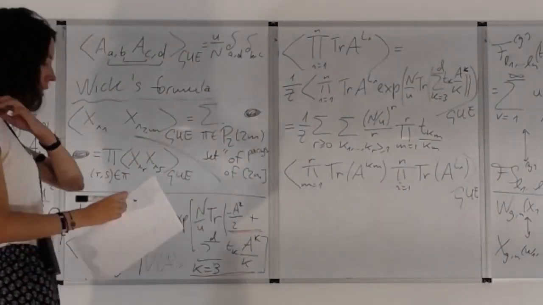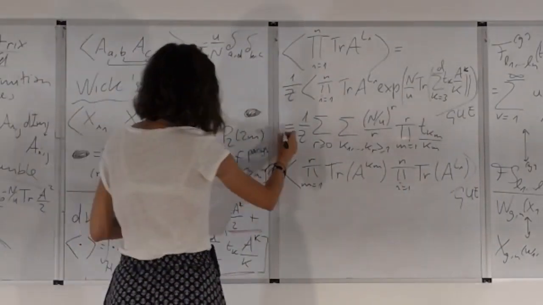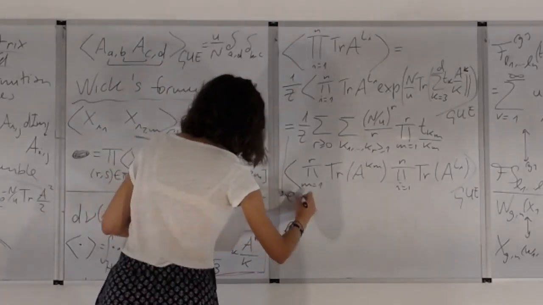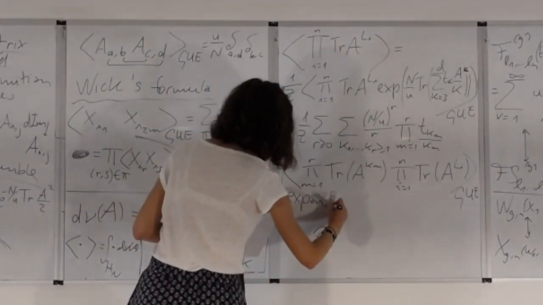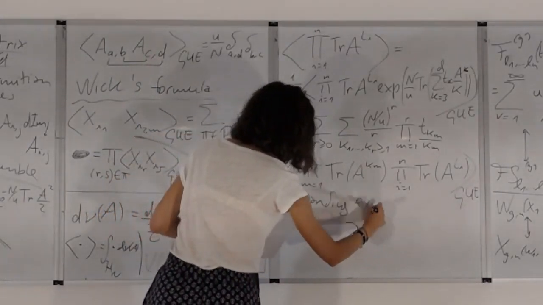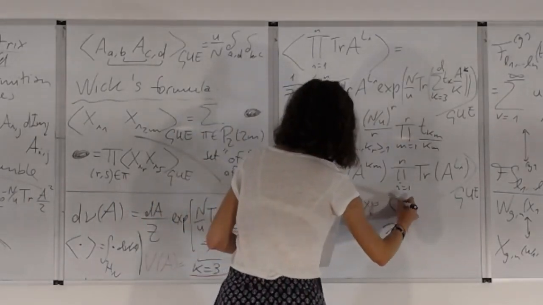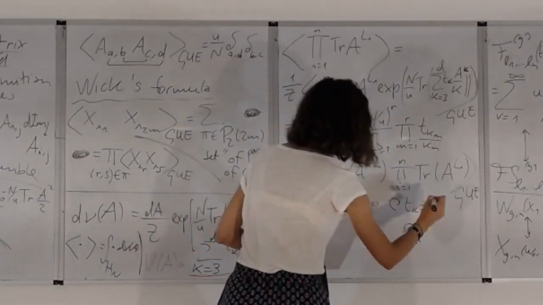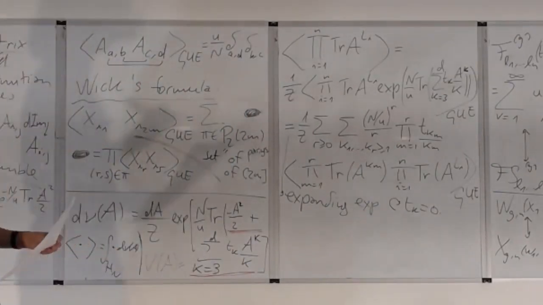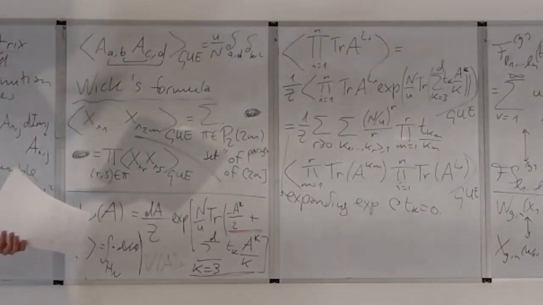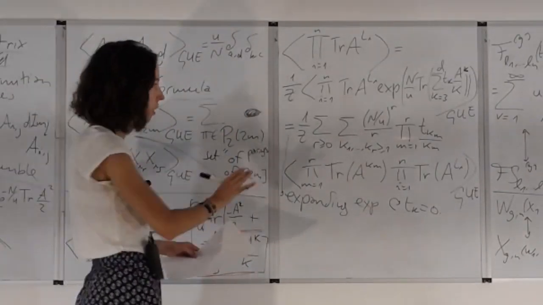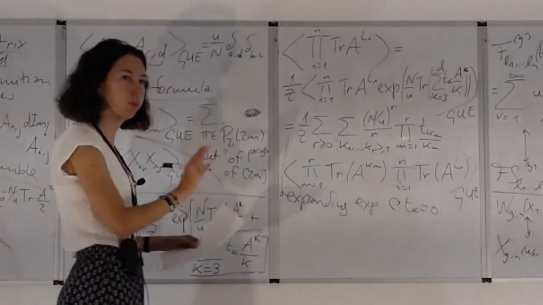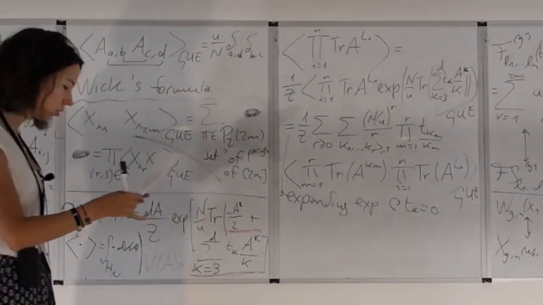Okay, so here I'm just expanding the exponential, and exchanging the integral and the expansion, which is not something obvious if you are doing analysis, but since we are doing formal matrix models, this is allowed.